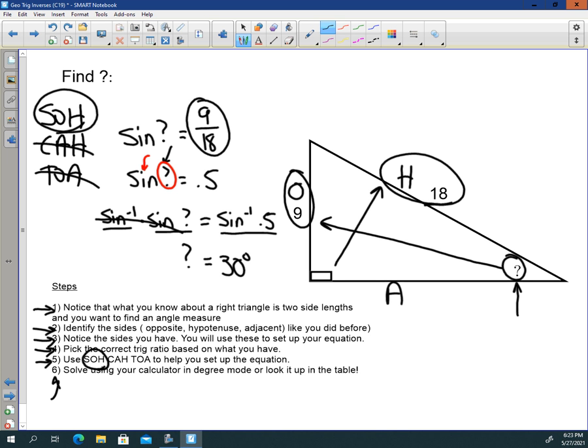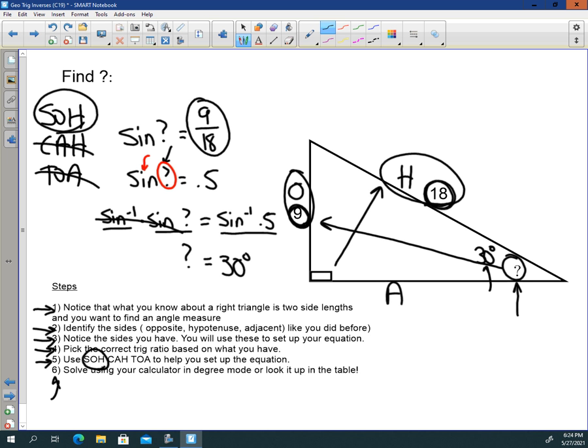But no matter what, you're going to get 30 because this is a 30-degree angle. Now, the reason why some people knew that already is because this right here is the short side, and if you take that 9 and multiply it by 2, you get 18. And that's how 30, 60, 90 triangles work. But you can also figure it out by using inverse trig ratios.